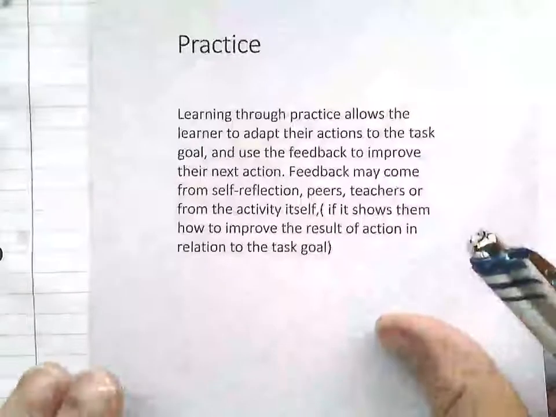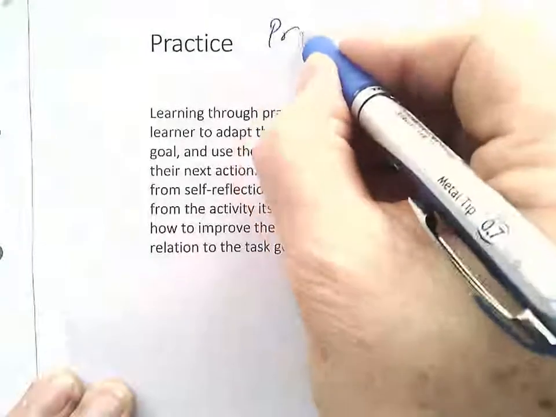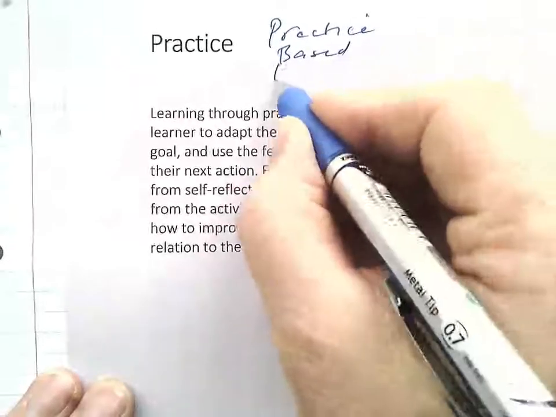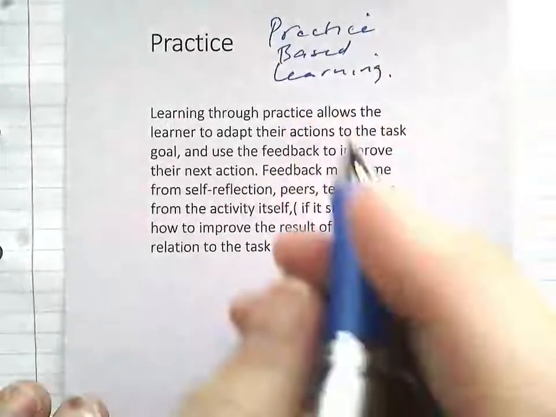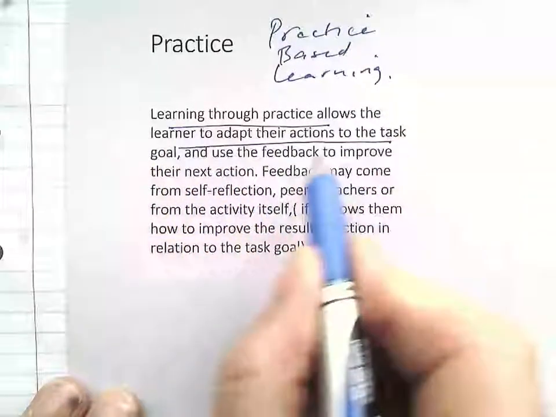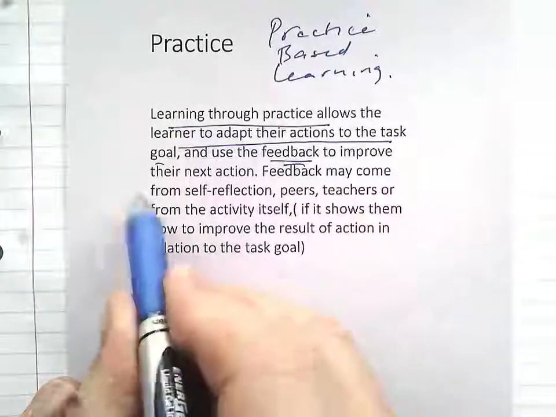This is the last one, practice. Now, very important in the polytech sector, practice-based learning. In other words, out in the workplace, here the learning is through practice, allows the learner to adapt their actions to the task or the goal, and to use feedback to improve the next action.